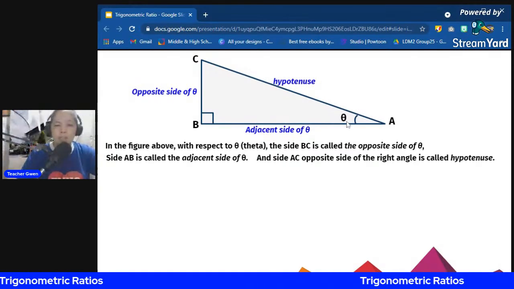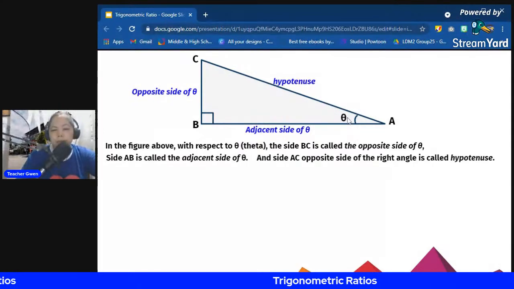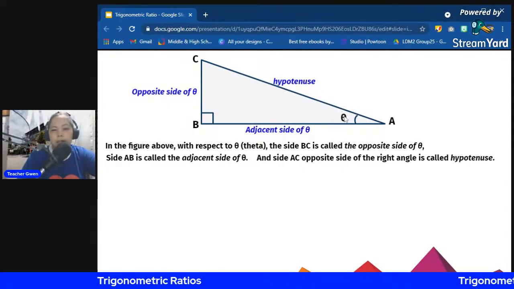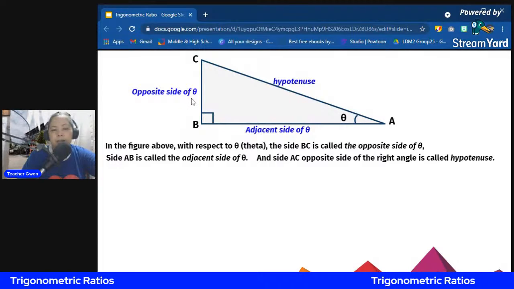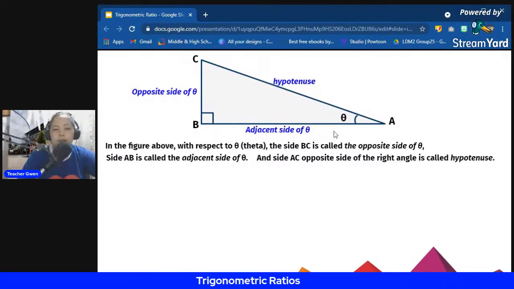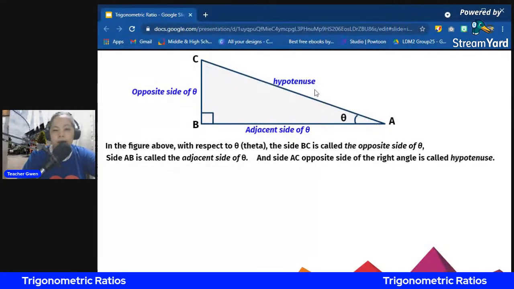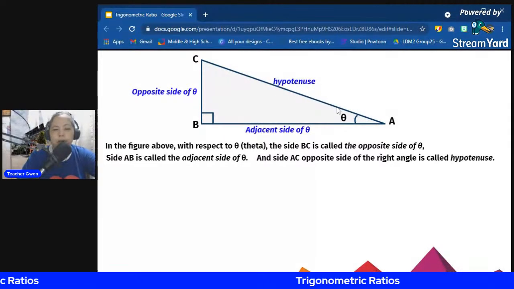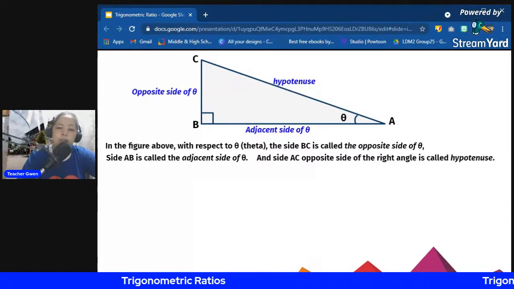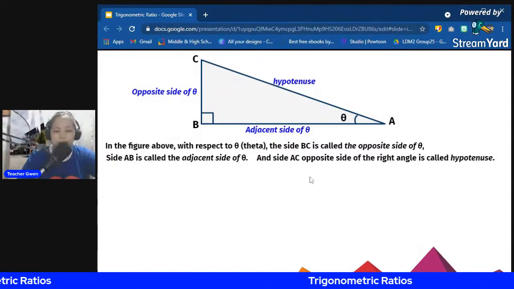This is with respect to theta. Looking at theta, of course, what is across from it is the opposite, and what is along it is the adjacent. Of course, the hypotenuse is constant. It is the longest side of the triangle, always opposite the right angle.